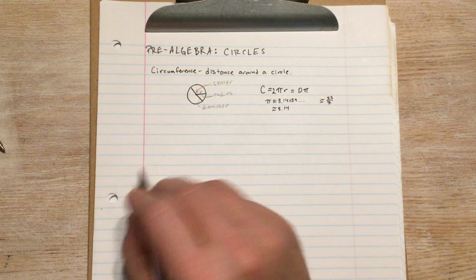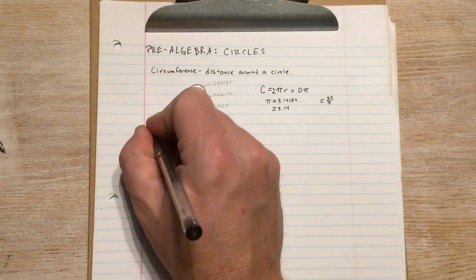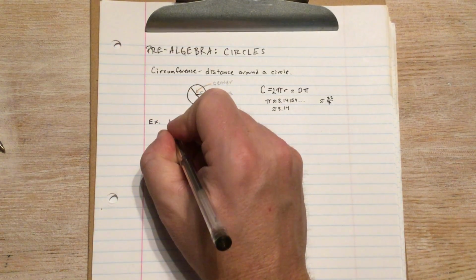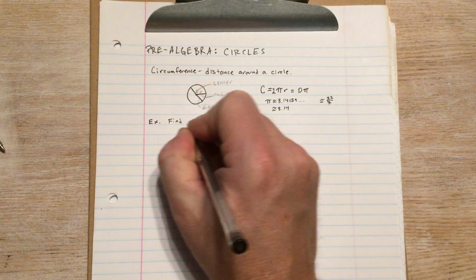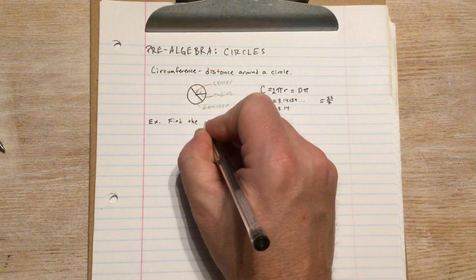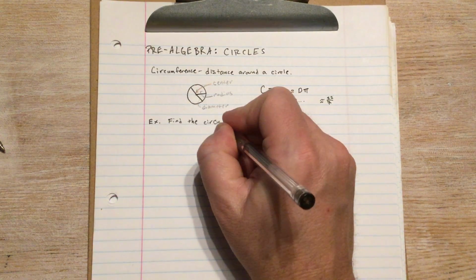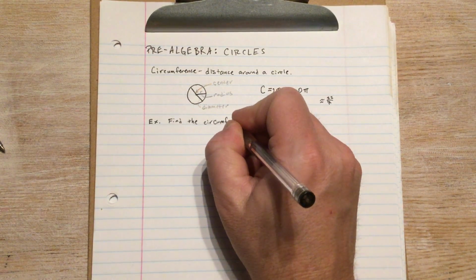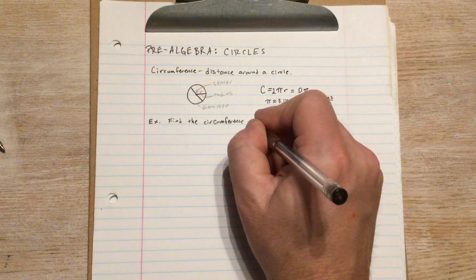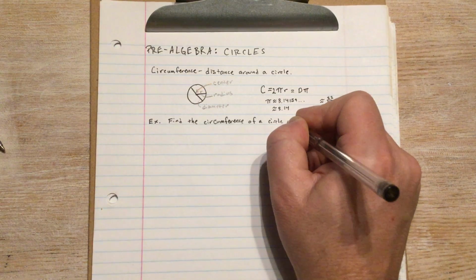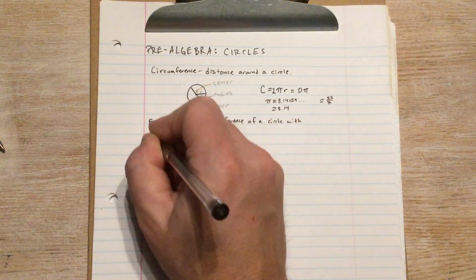Okay, so, well, how do we calculate? So let's take a couple examples. Find the circumference of a circle, and we'll do two of them.